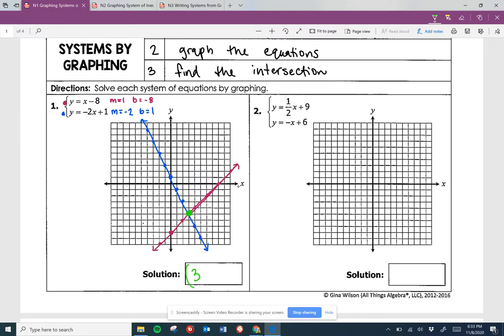Okay, looking at the second example, my first line has a slope of 1/2 and a b of 9. So my graph is going to start up here at 9 and then go up 1, right 2, or down 1, left 2. So that is our first line. And then our second line has a slope of -1 and a b of 6. 1, 2, 3, 4, 5, 6.